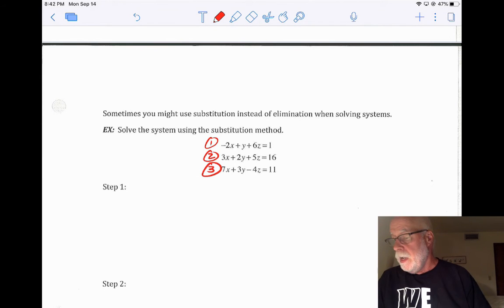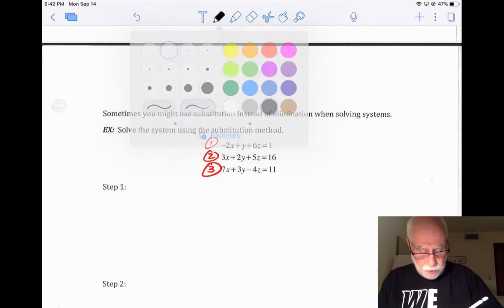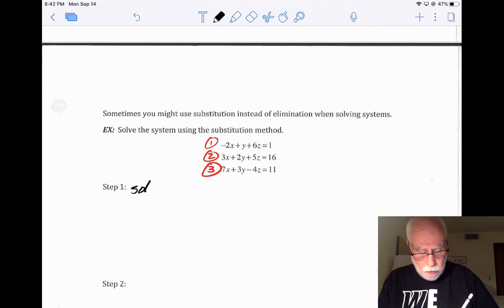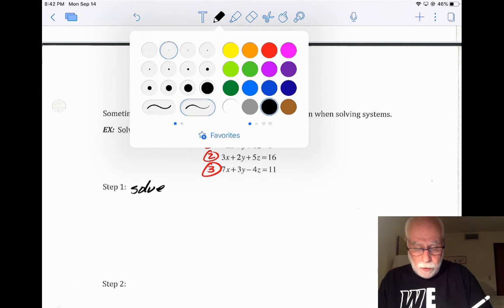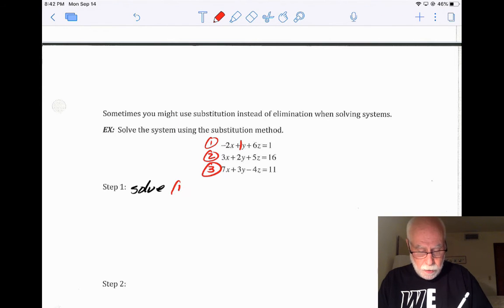On step 1, this time I want you to solve, looking at all of them, I see that this one is the only one with the coefficient of 1. So I'm going to solve 1 for y.